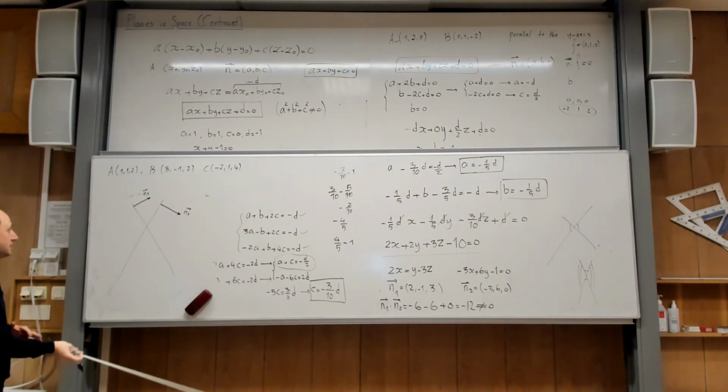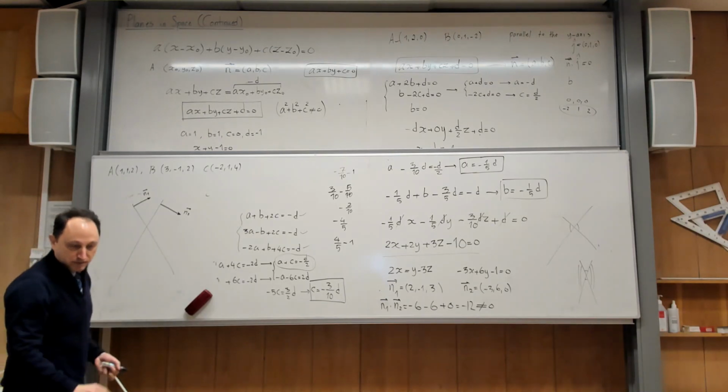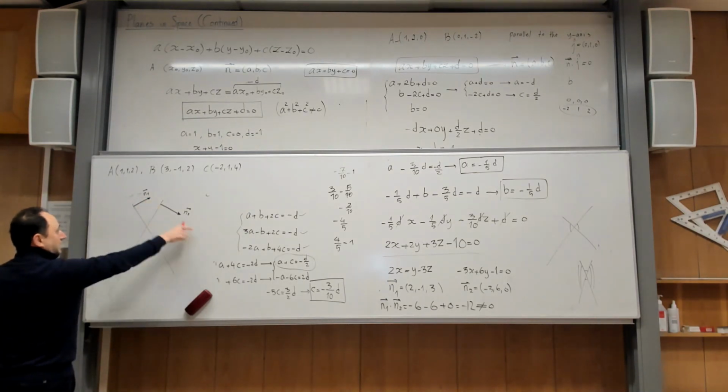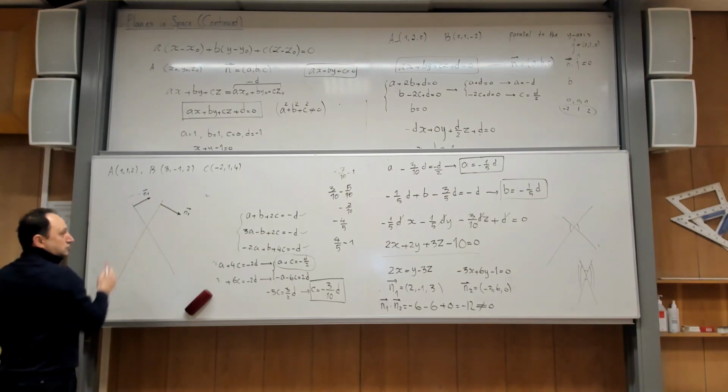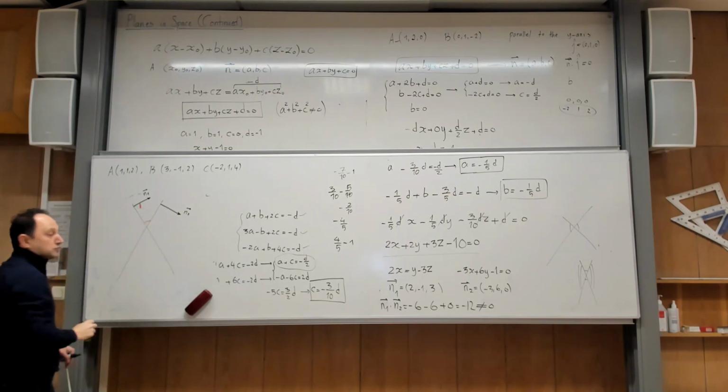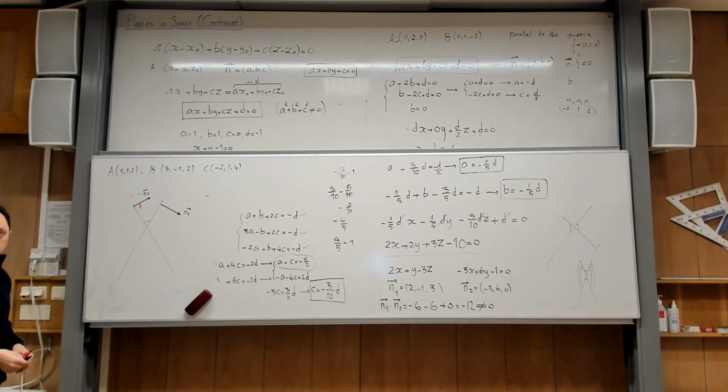If that is the case, I want you to convince yourself that if they are pointing in this direction, and I parallel transport it from here, then this angle is exactly the angle between two planes.